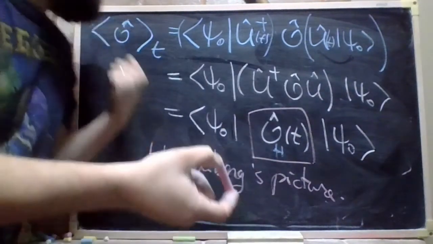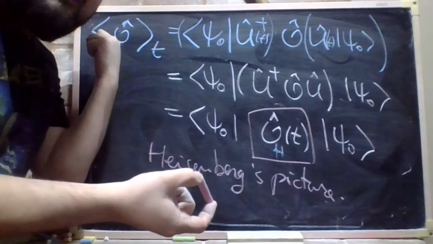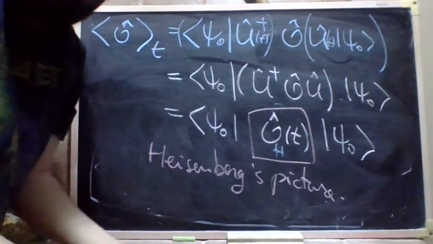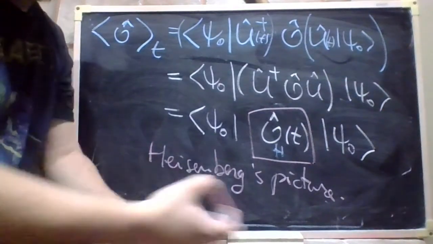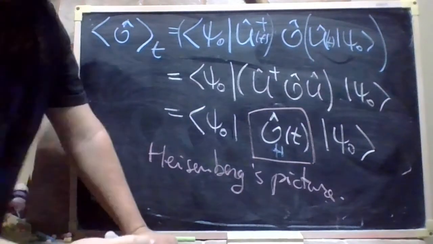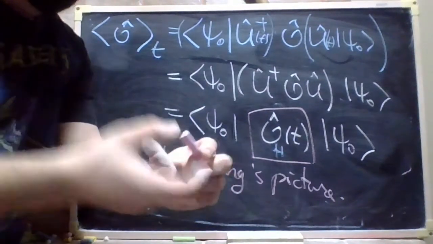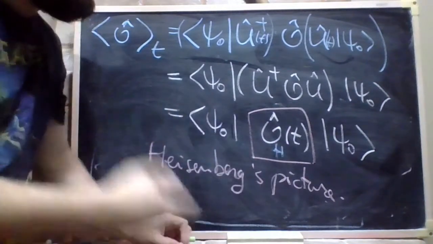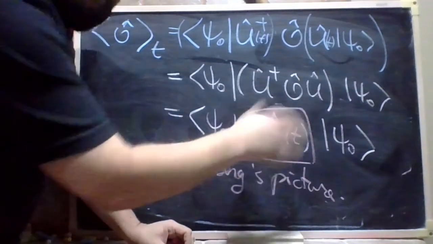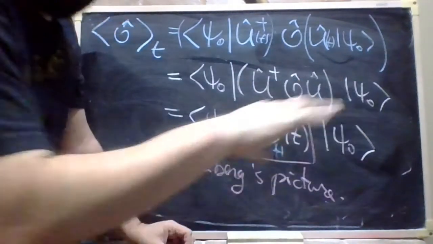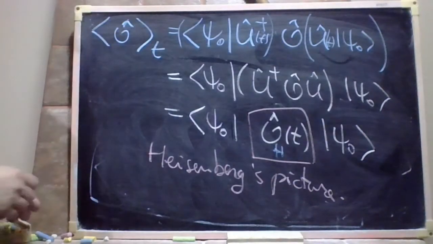But to ensure that the averages in both pictures give the same answer, because otherwise it's nonsensical, for Heisenberg, states are fixed, but the things I want to measure rotate. The coordinates, suppose, or the operators rotate in Hilbert space.